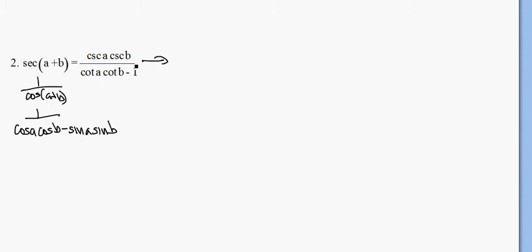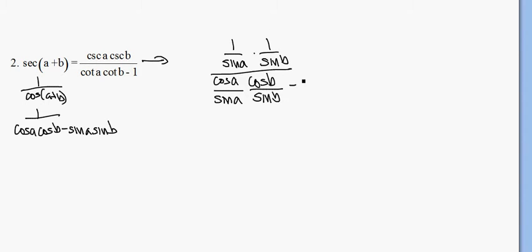Let's write everything in terms of sines and cosines, since this is in terms of sines and cosines. So this is 1 over the sine of a times 1 over the sine of b, all over cotan, which is cosine over sine, so cosine a over sine a, and cosine of b over sine b, minus 1.